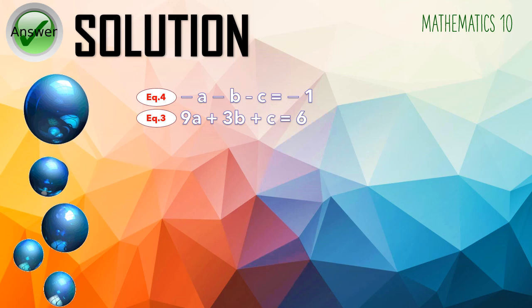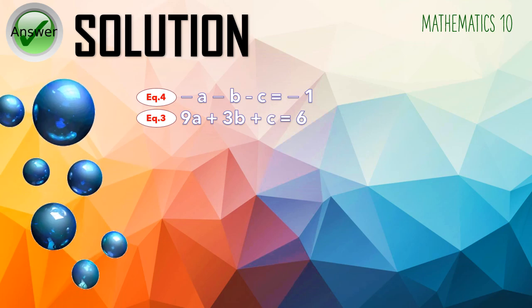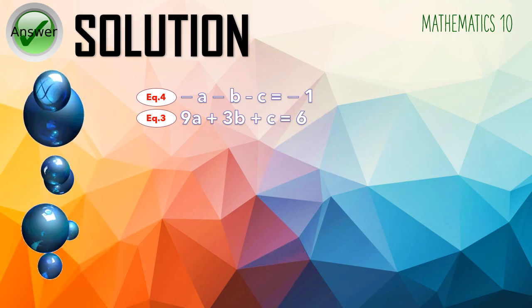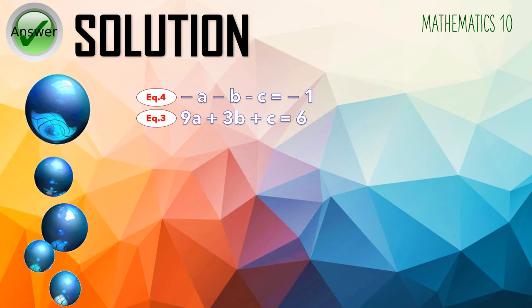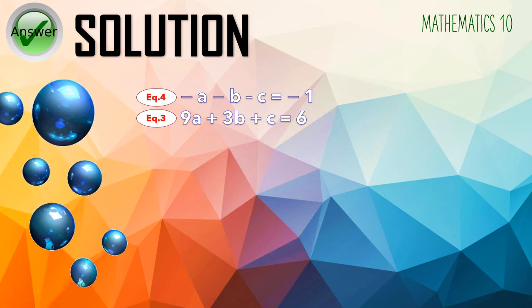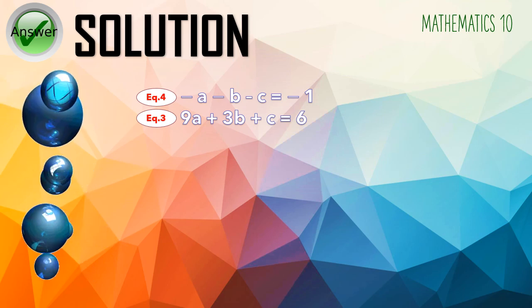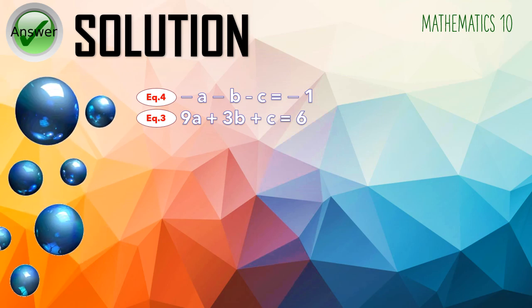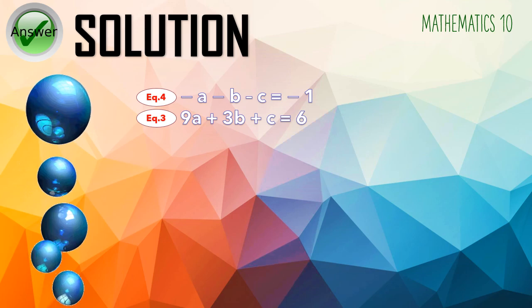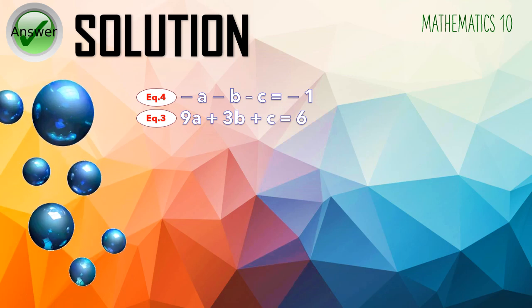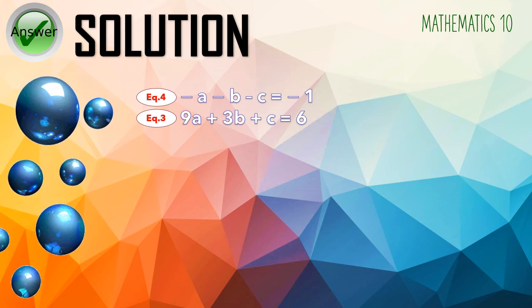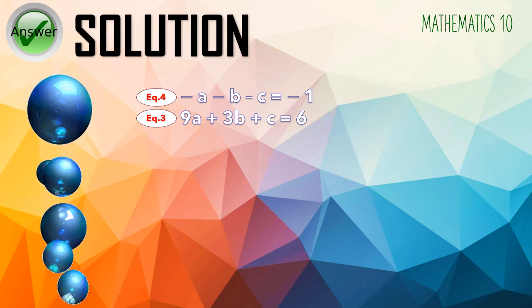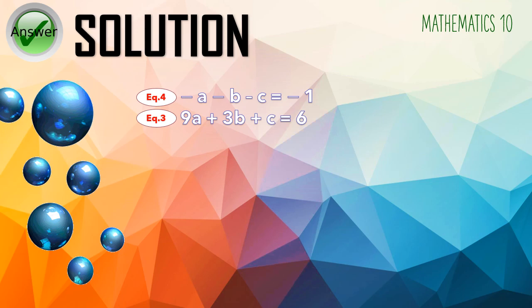Next we need to process equation 4. We are supposed to pair it with equation 3. So the equation 4 that we got a while ago, we will be pairing it with equation 3. As you can see, we can now eliminate the variable c here, because we have our additive inverse, negative 1c and positive 1c.